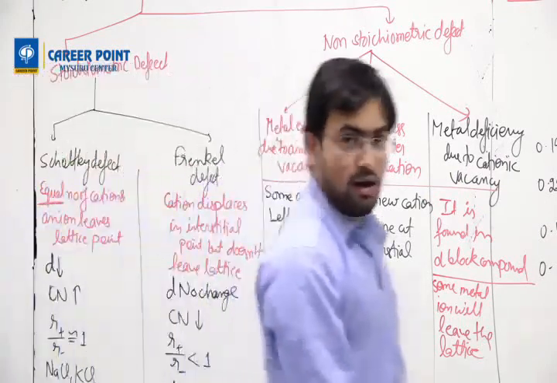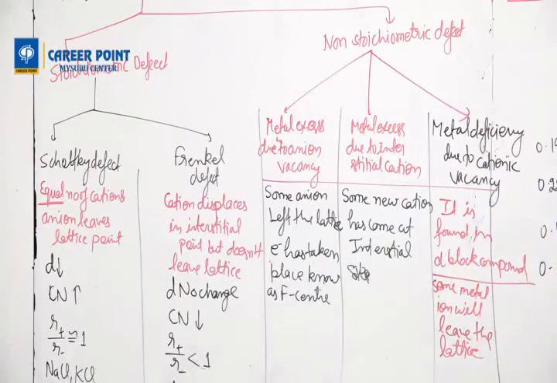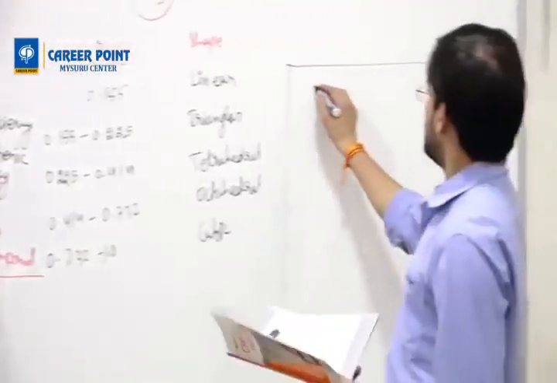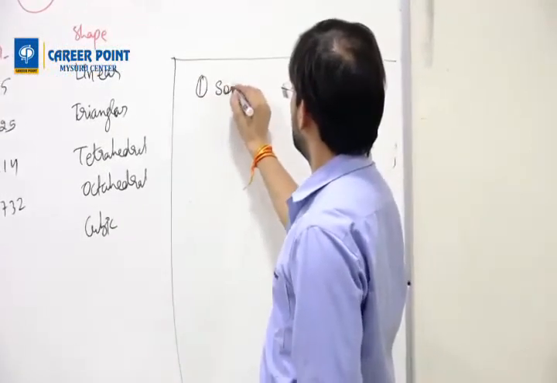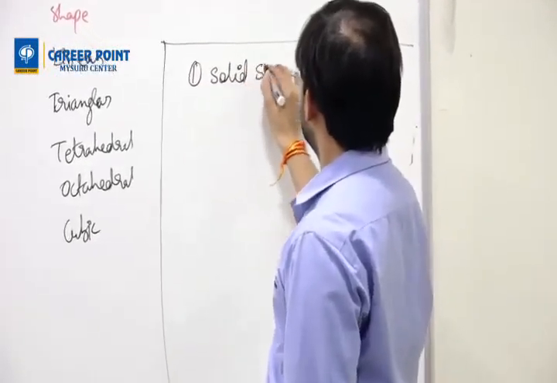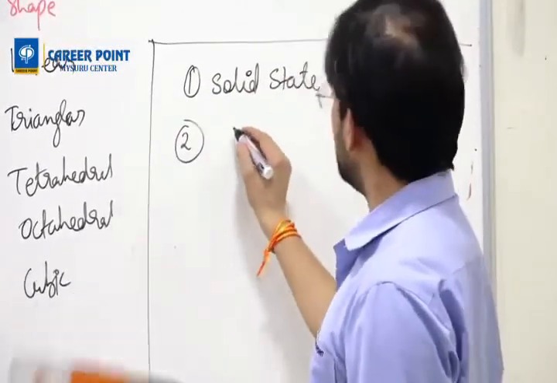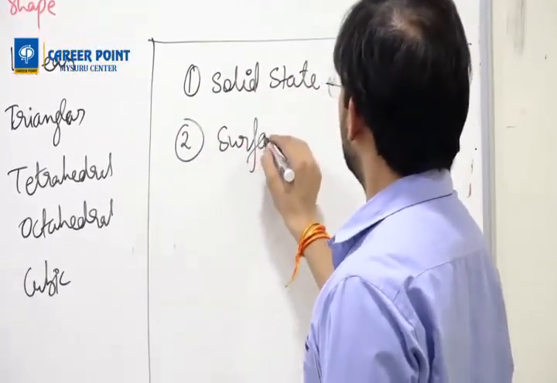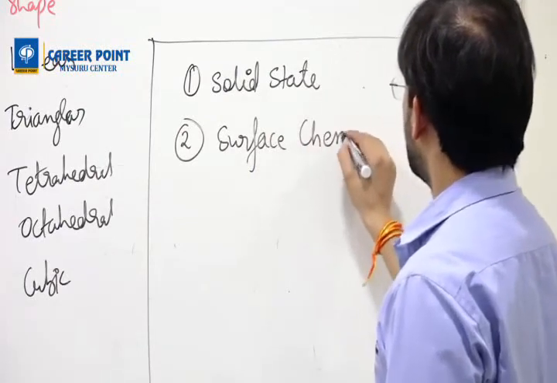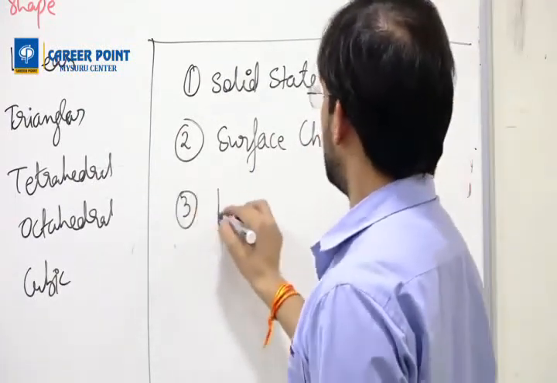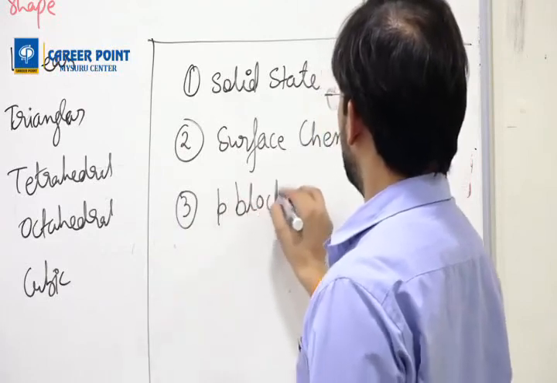Okay, so now assignment. First chapter is solid state. Second chapter is surface chemistry. Third chapter is p block.